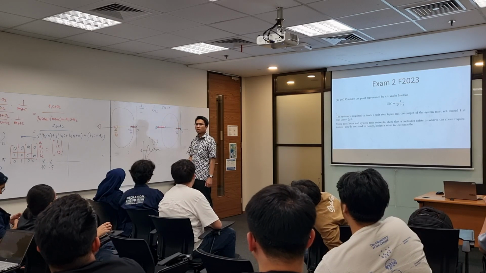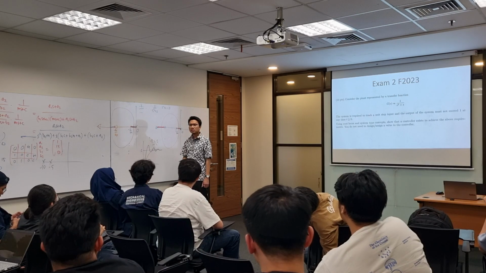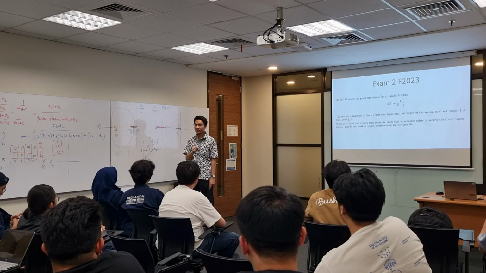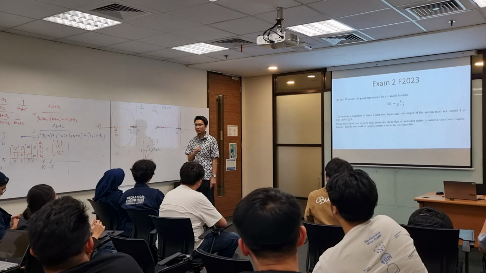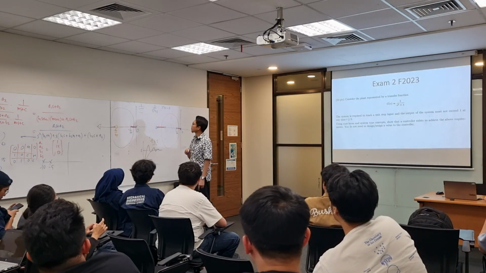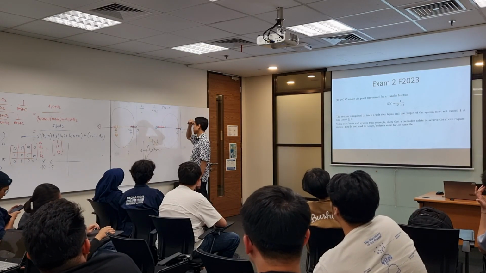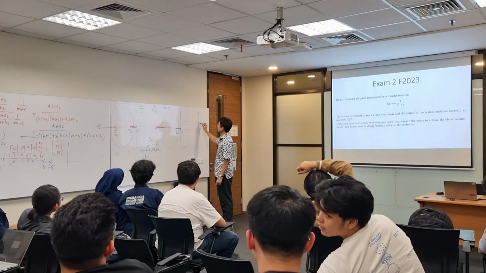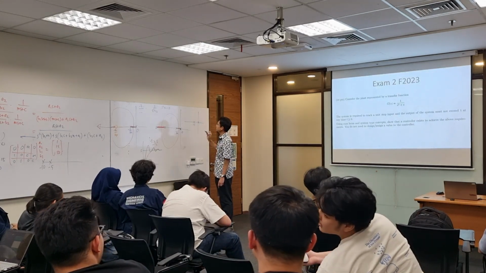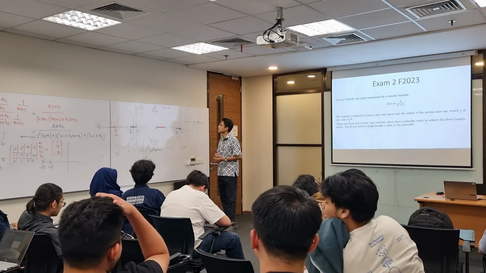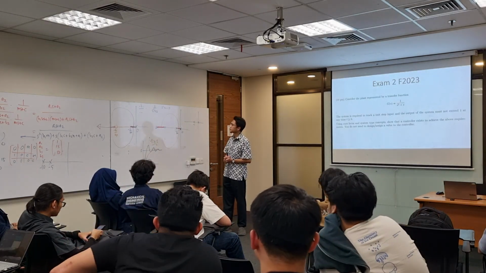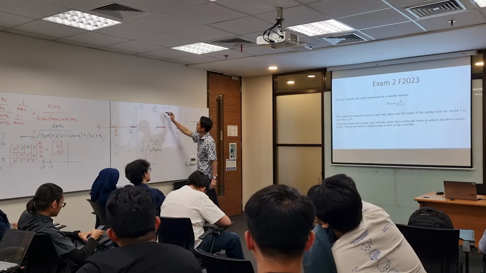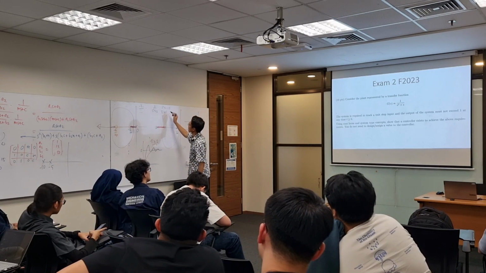So the plant is 1 over s times s plus 1. So 0 and minus 1.